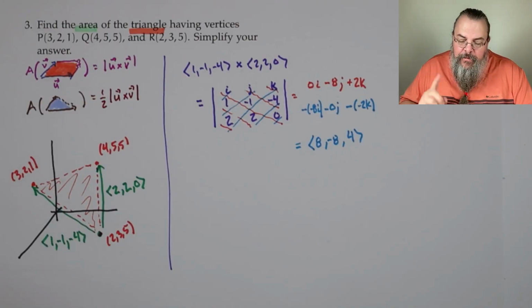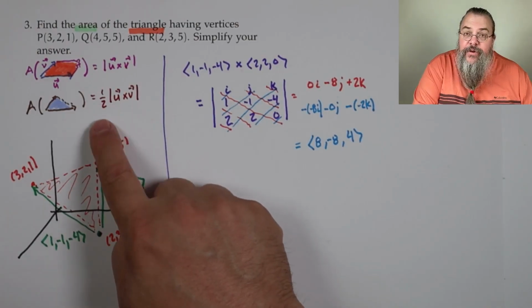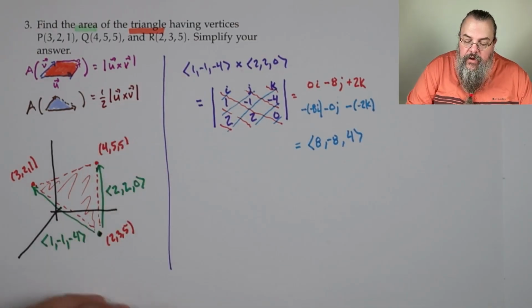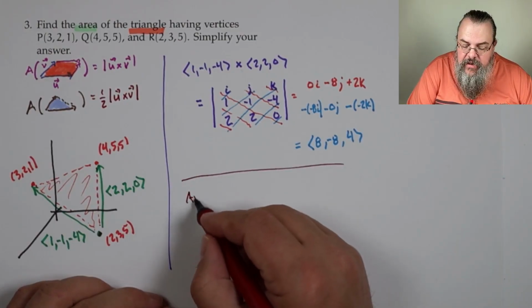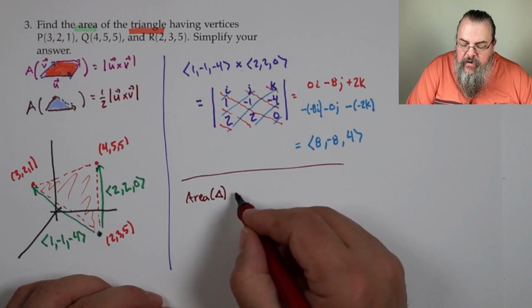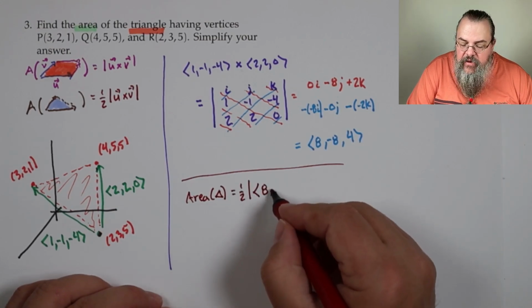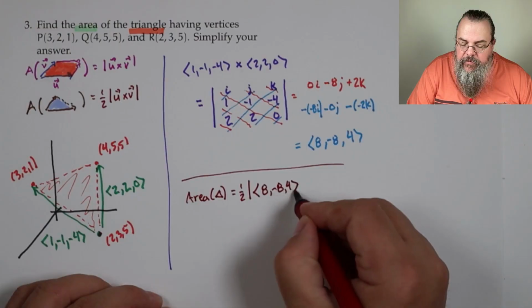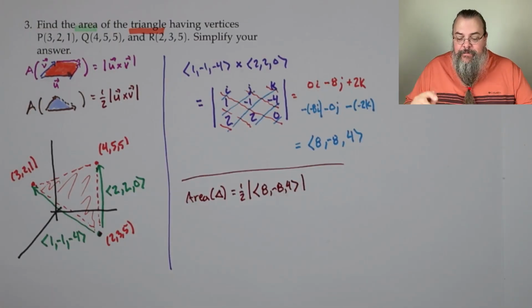All right, so we're almost done. We found the cross product. And now we need to take the magnitude times a half. Well, here we go. So the area of the triangle is going to be 1/2 the magnitude of 8, negative 8, and 4. Well, let's take advantage of one thing we have.